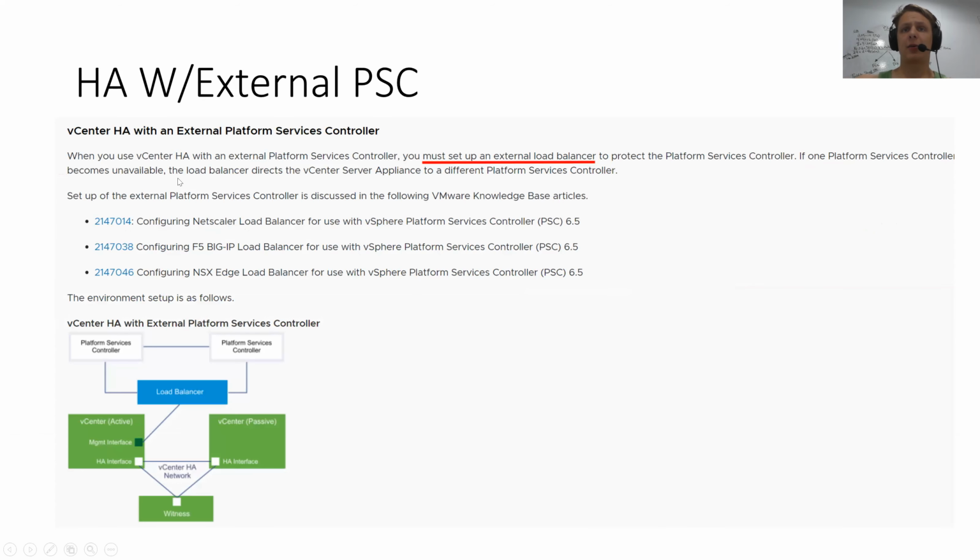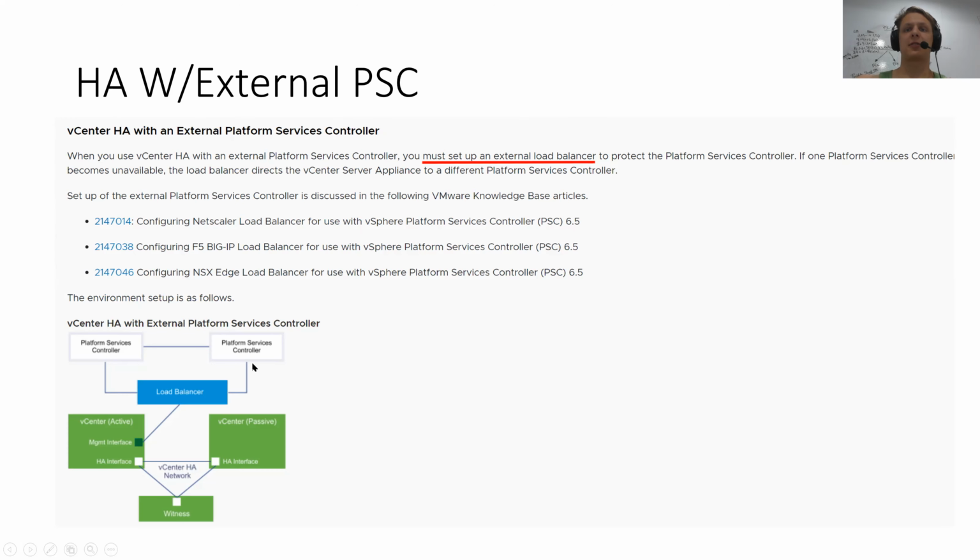So here we've got the HA network, and that's important to know. You can see here the Platform Services Controllers, and that's where they use the load balancer. You can see that this management interface, as I told you before, is using a public IP address.